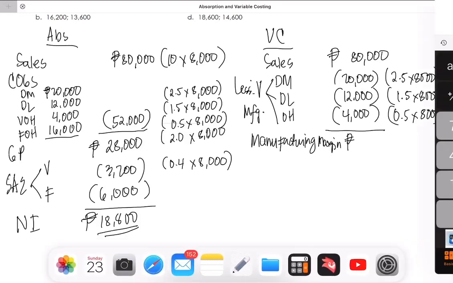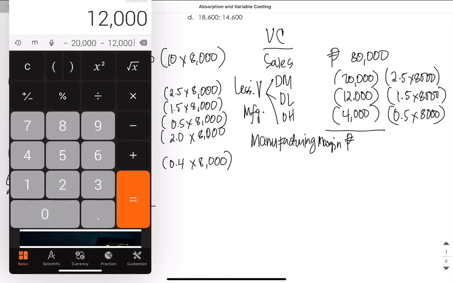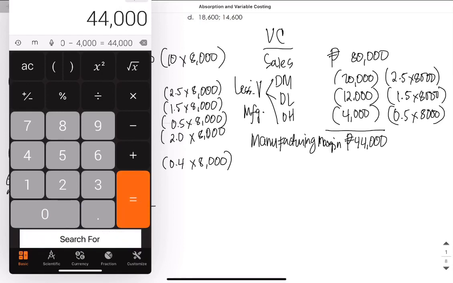Then we compute. 80,000 less 20,000 less 12,000 less 4,000, so our manufacturing margin is 44,000. And then when we deduct the variable, there is still another variable cost.